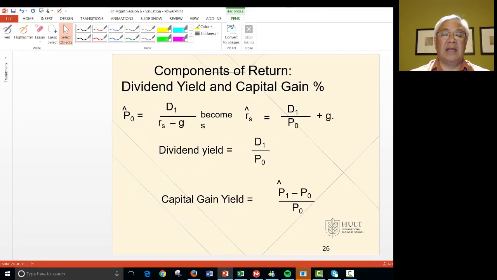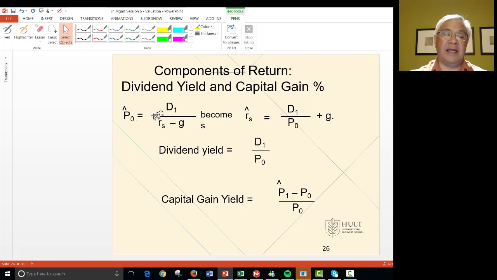All right. Next, we'll look at components of return. We saw this in the last chapter when we looked at components of return as we were doing risk and return measurements. But here, we're using it in the context of valuation using DDM. We have these relationships we've seen.